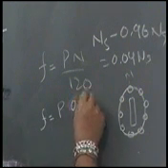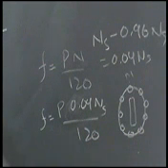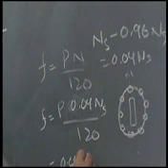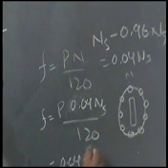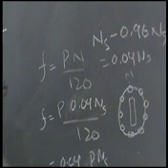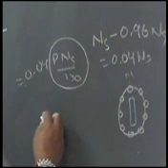That is 0.04 into Pns by 120. This is the normal frequency, say 50 Hz, which will be multiplied by 0.04.